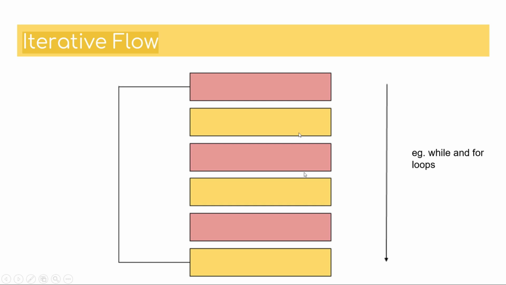Whenever these conditions are being iterated, they have to be changed with the help of a variable. Let us say you wanted to run this 10 times. The condition would be i less than or equal to 10. So the value of i should be changed here. That is known as iteration. Its examples are while and for loops.